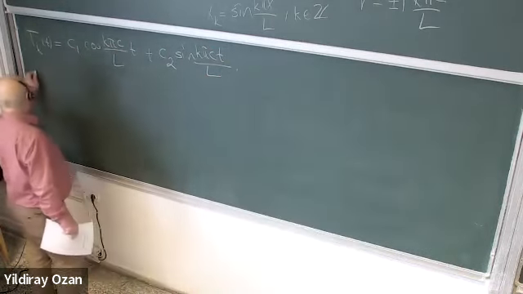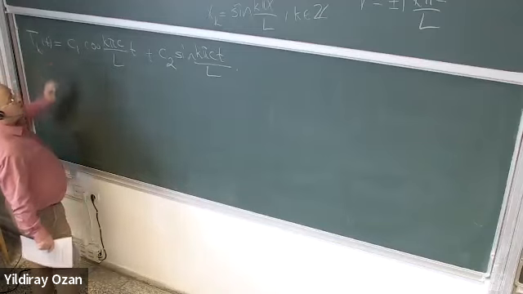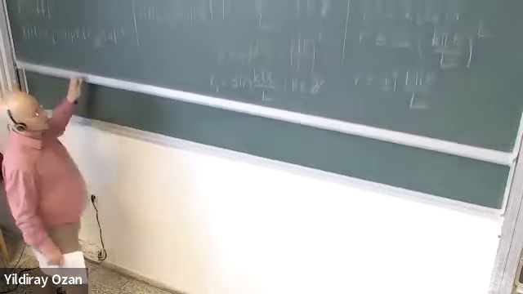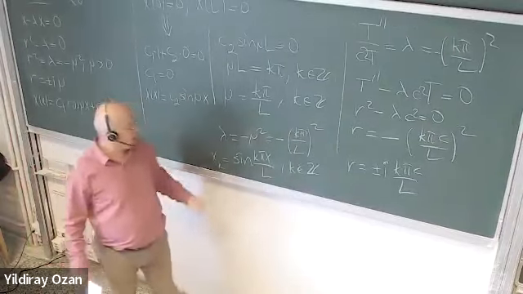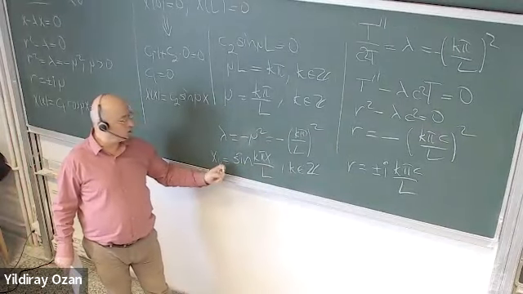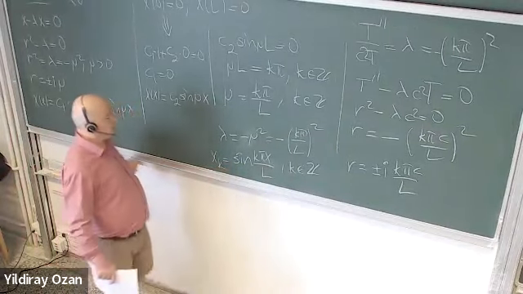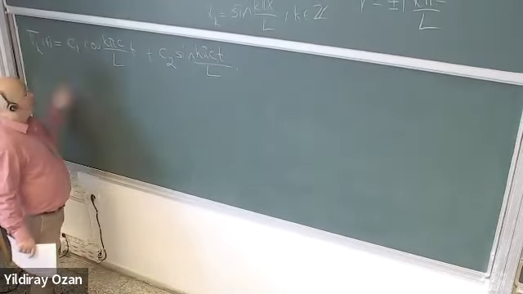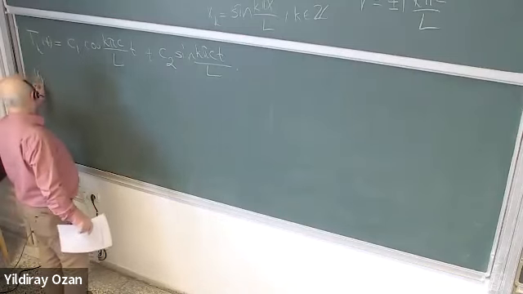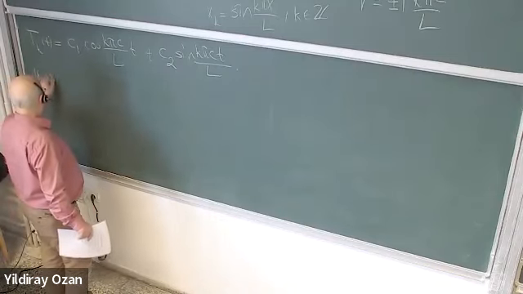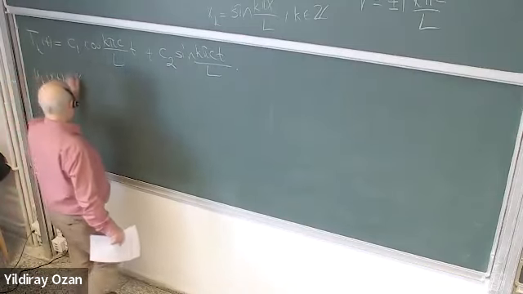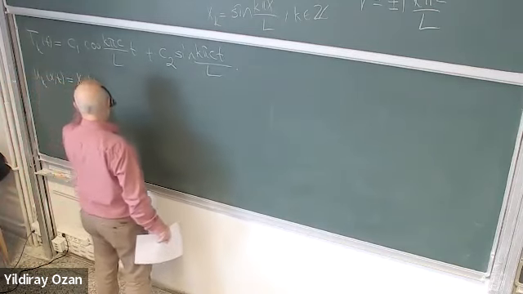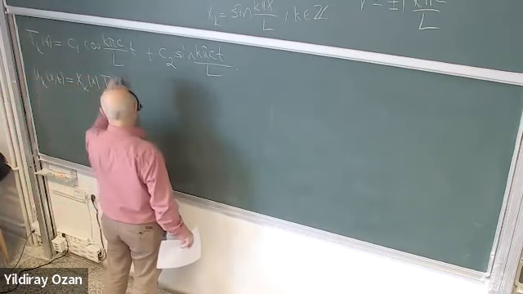So for each k, for each integer, I have a solution for X and a solution for T. Therefore, we have a solution for u, and that is just X_k of x times T_k of t.